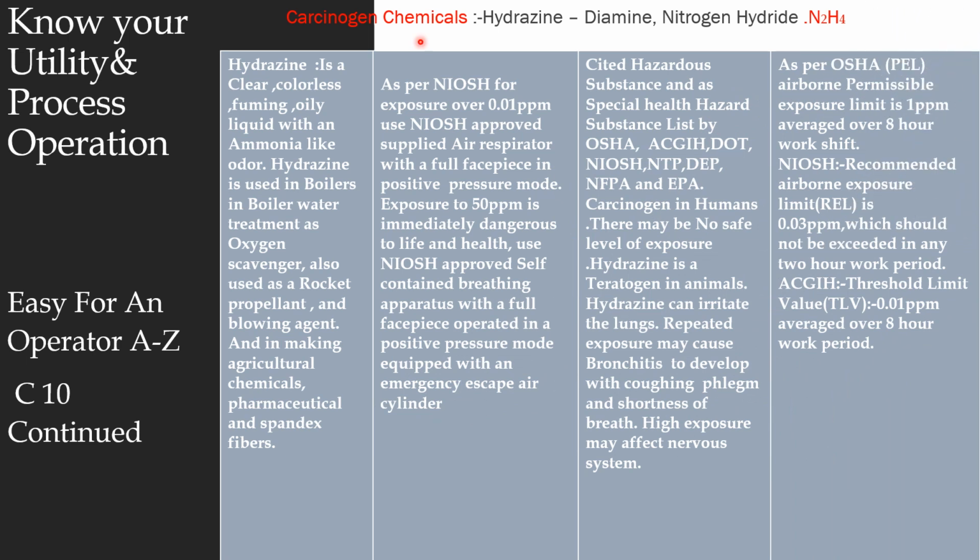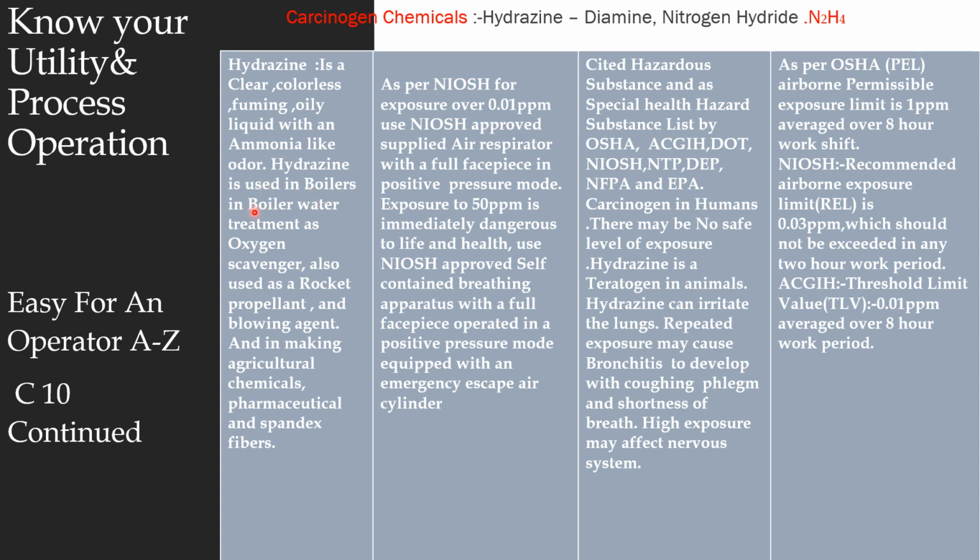Now we can see another important chemical, hydrazine. It is also a carcinogenic chemical. It is called diamine or nitrogen hydride. Formula is N2H4, NH2 double bond NH2. Normally hydrazine is used in all industries where boilers are available. Hydrazine is a clear, colorless, fuming, oily liquid with an ammonia-like odor.